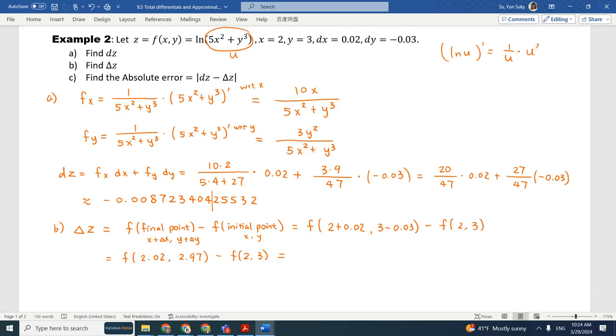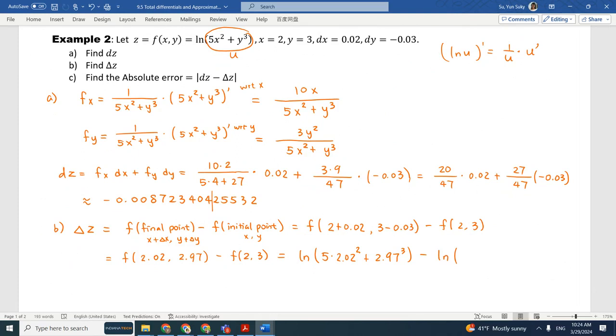So let's see. ln of 5 times x, so x is 2.02 squared, plus y is 2.97 cubed. Right, everybody? And this is f of 2.02, 2.97 minus f of 2, 3.